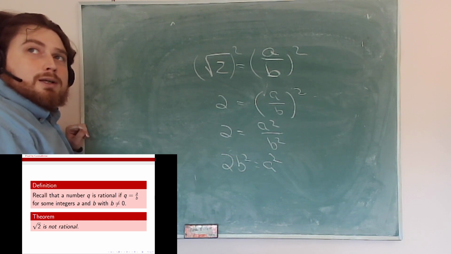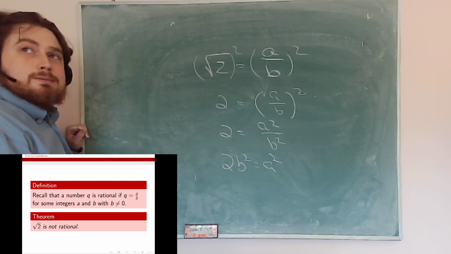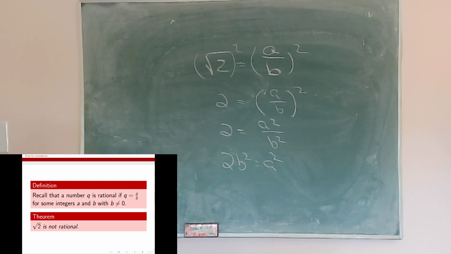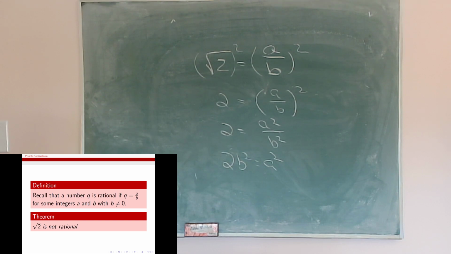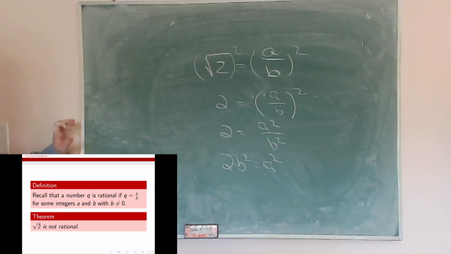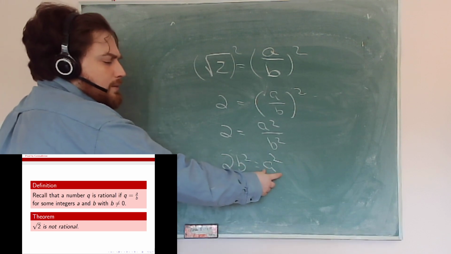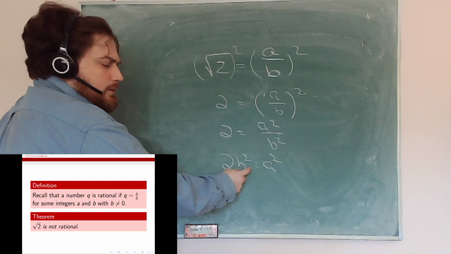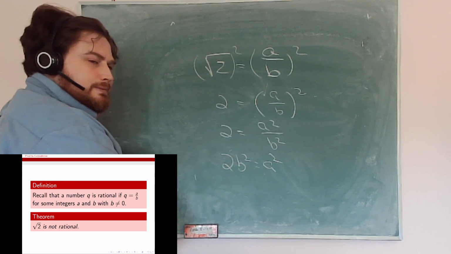What do you notice about a squared? Somebody want to help me out? What property does a squared have? So a squared would be a non-negative number, but also we see that 2 times something is equal to a squared.